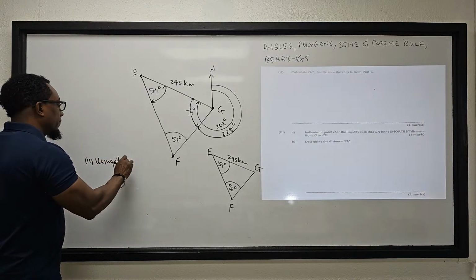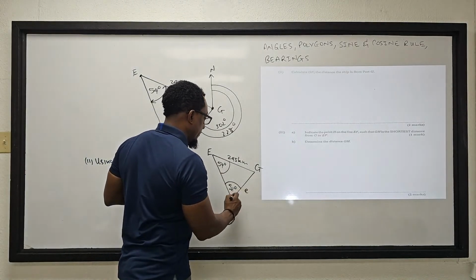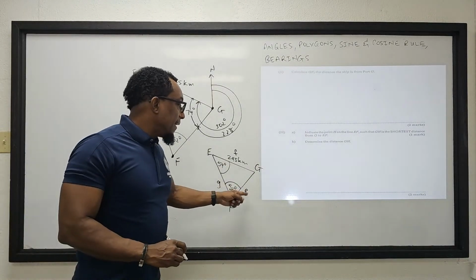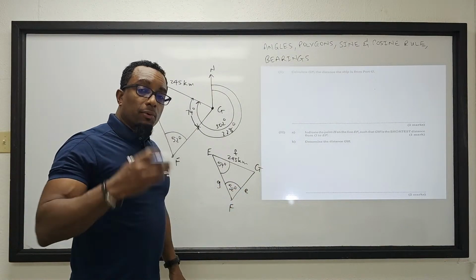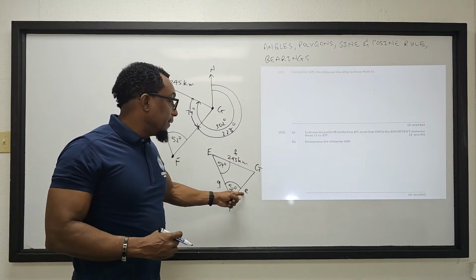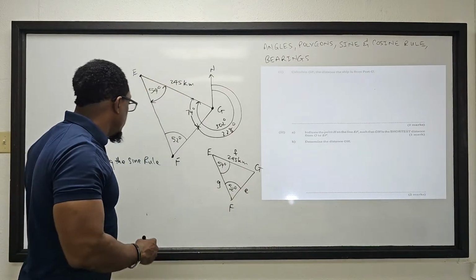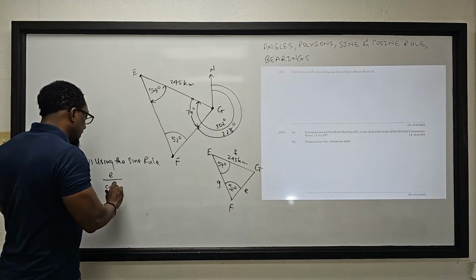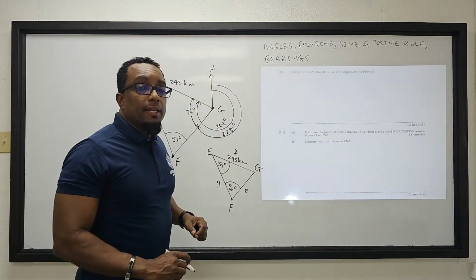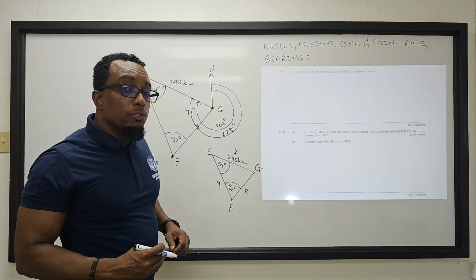Using the sine rule, of course we label this: small e, small f, small g. Because we want to find this side, small e, let the sine rule always allow the first ratio to have the unknown. Because you want to find the side GF, which is also small e, my first ratio will be small e over sine the angle E, is equal to my other ratio, which will be one where there is information for a side and its corresponding angle.